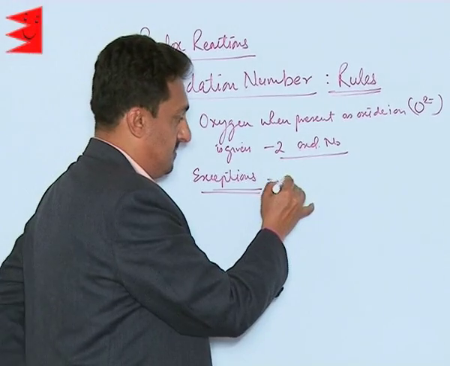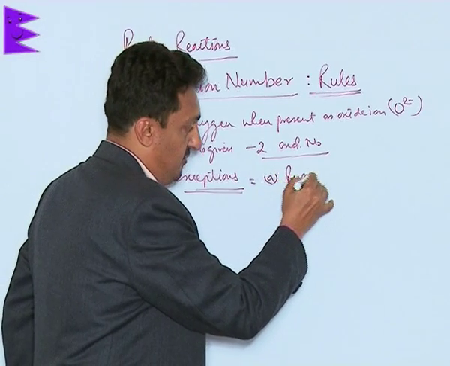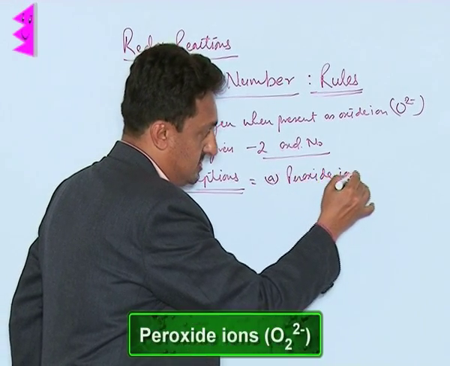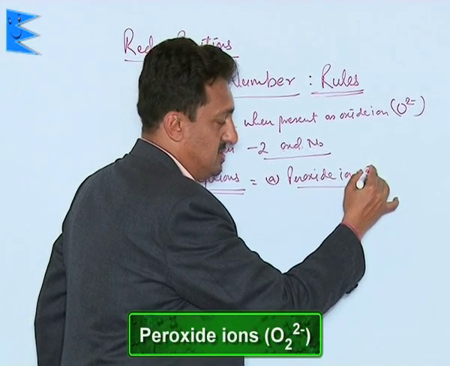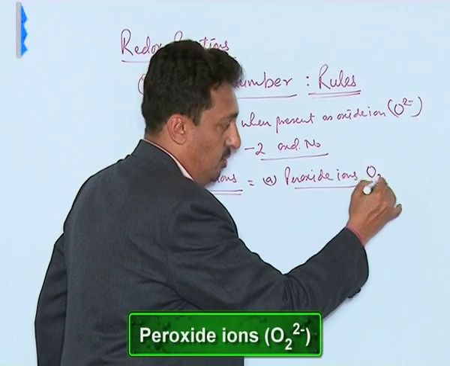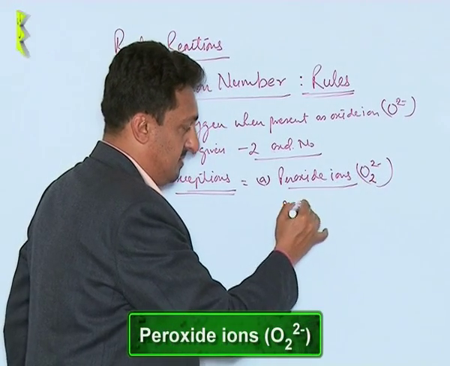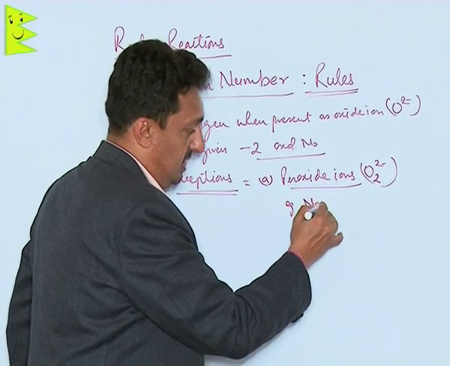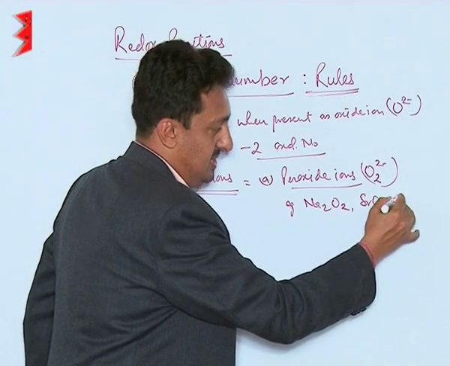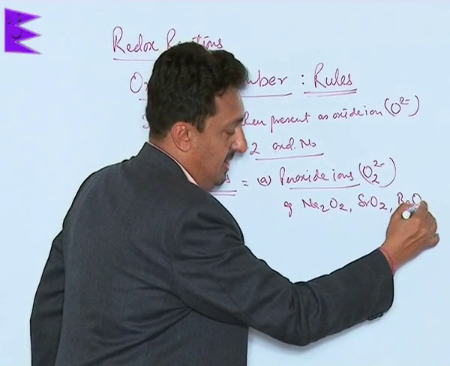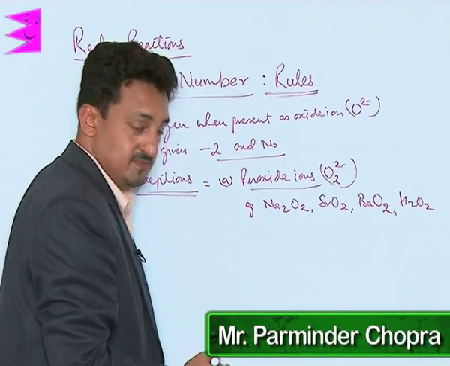The first exception is of peroxide ions, the ions in which oxygen is present as O2 2-. We have examples like sodium peroxide, strontium peroxide, barium peroxide, hydrogen peroxide.